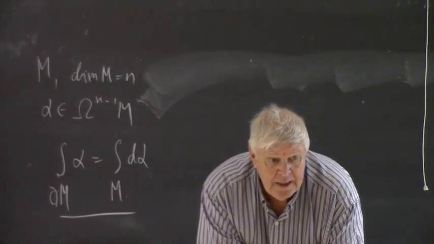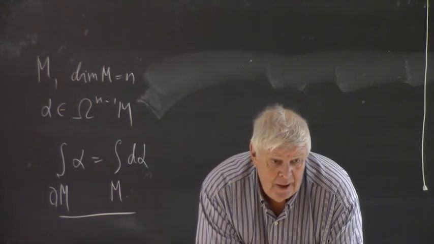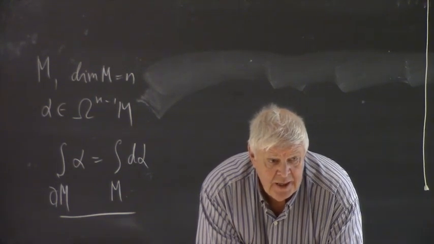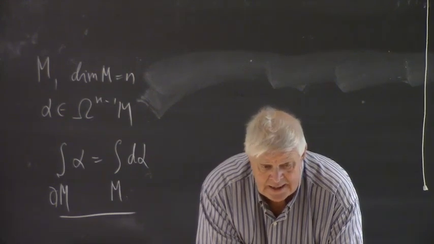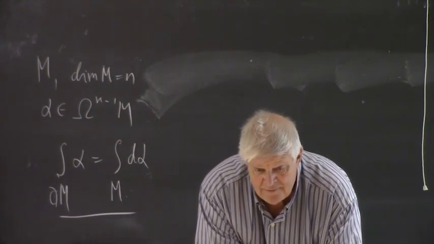With this in mind, we can do what we always do with such things using the partition of unity. I did this last time simply when I defined the integral.